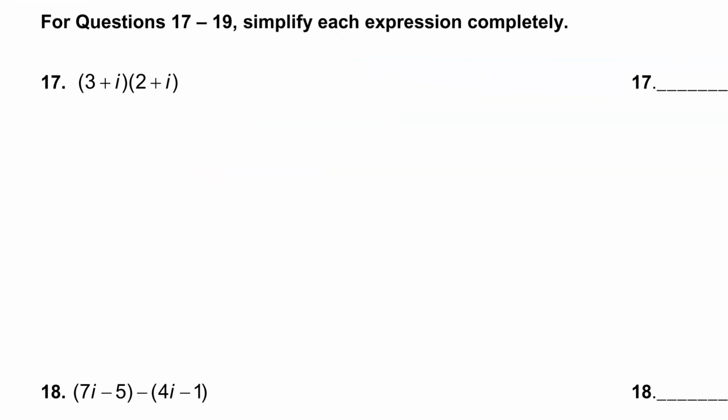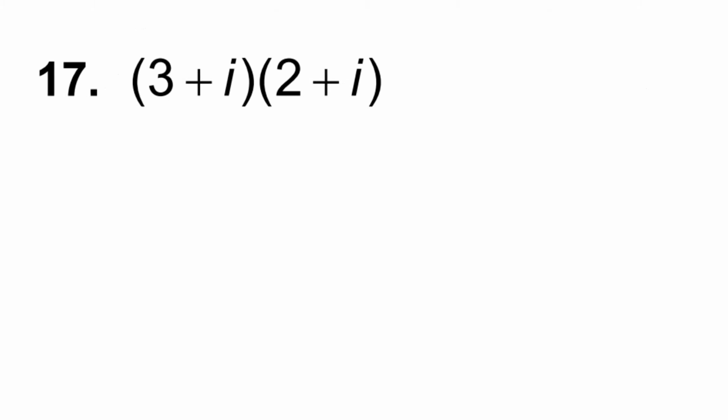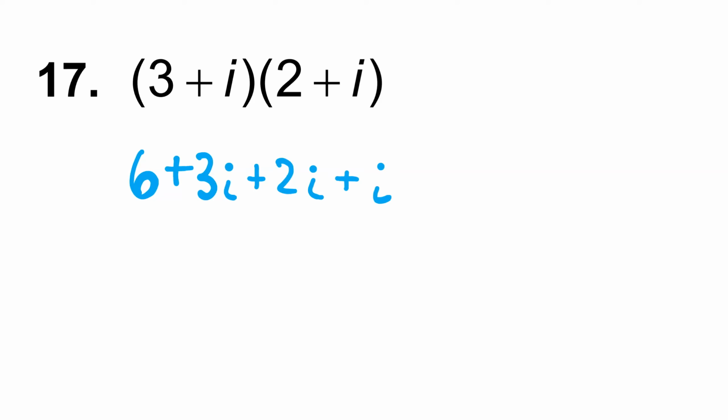Lastly, simplify each expression completely. So this one, we also have to FOIL. First, 6. The O, outer, plus 3i. I, inner, plus 2i. L for FOIL, last, so plus i squared. If I combine these two, I have 5i. 6 plus 5i.